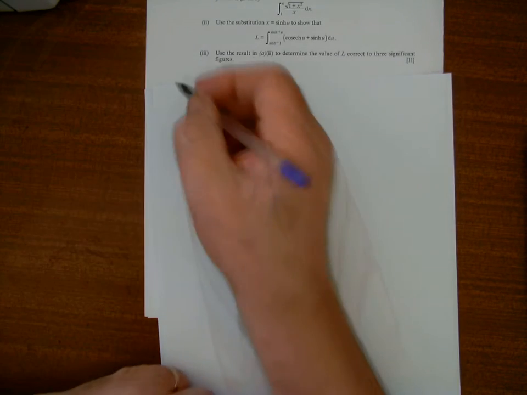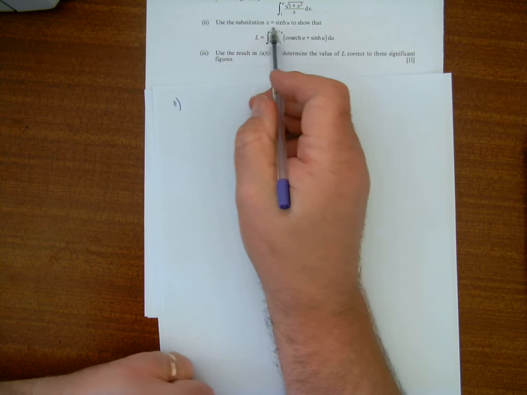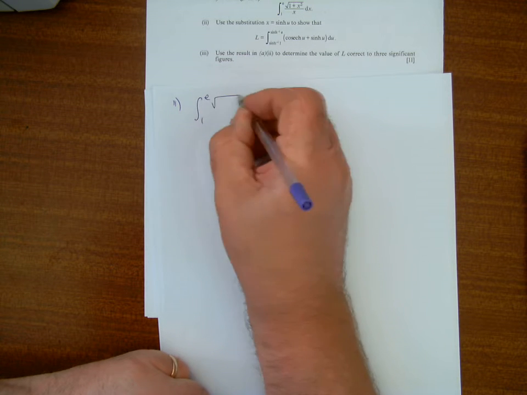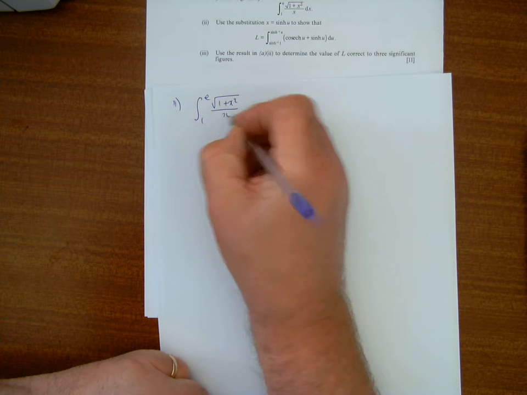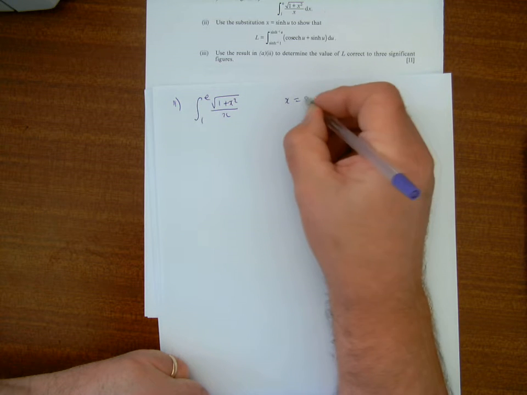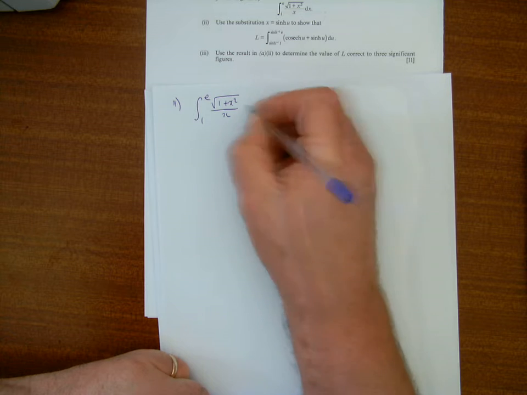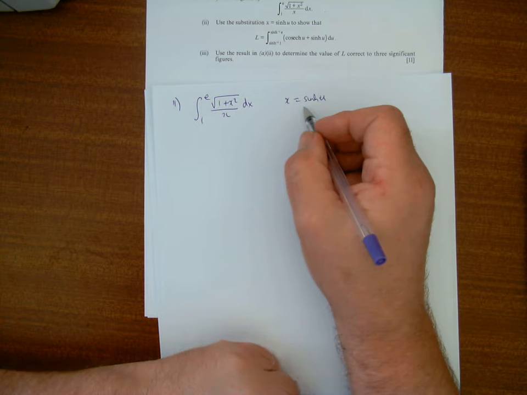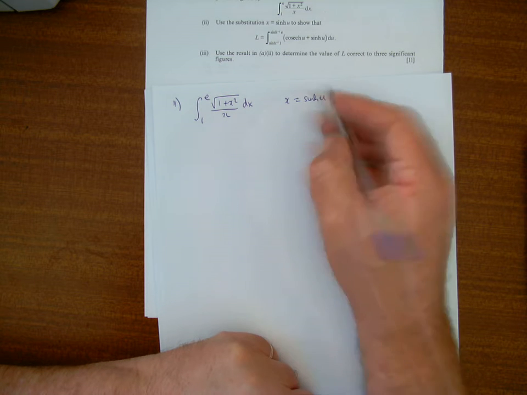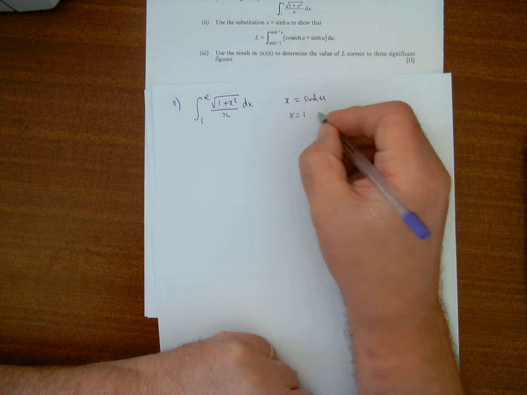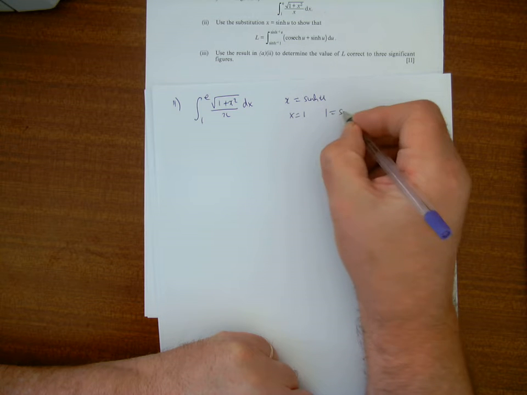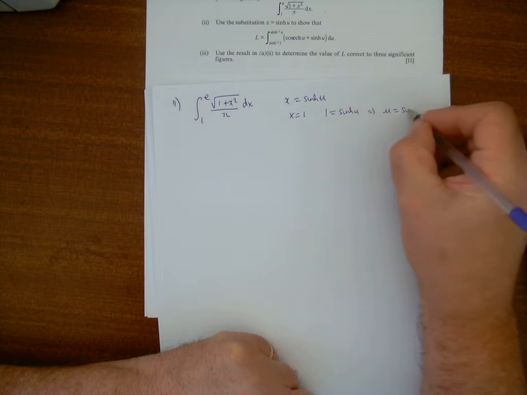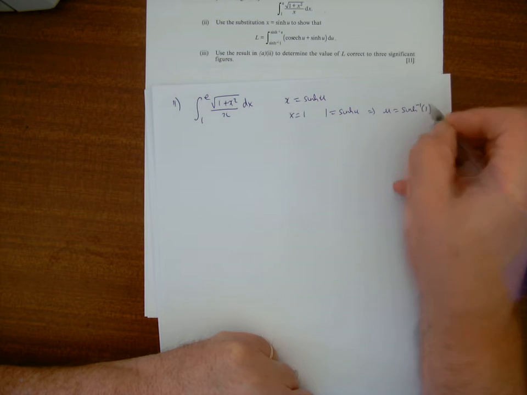Okay, in part 2, they tell me to use the substitution x equals sin u. So I need to change everything to u values. So if x is 1, then 1 is sin of u, which gives me u is sin to the minus 1 of 1.